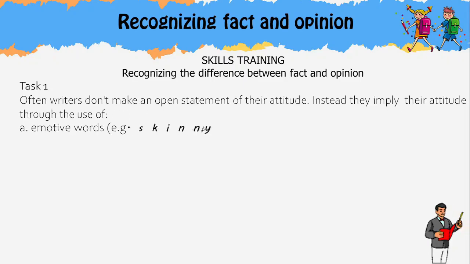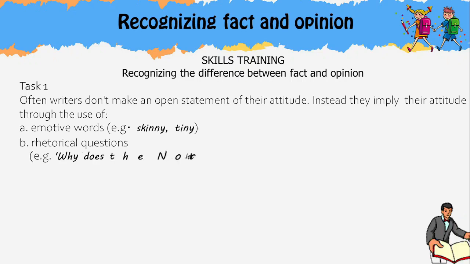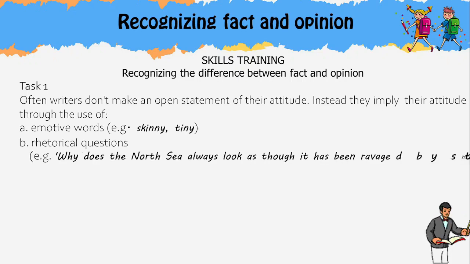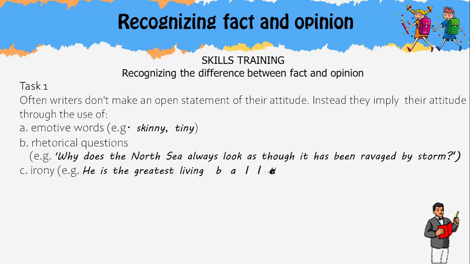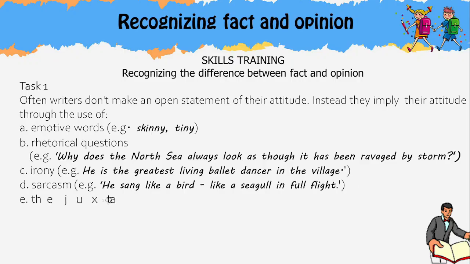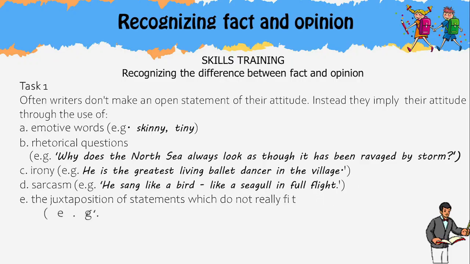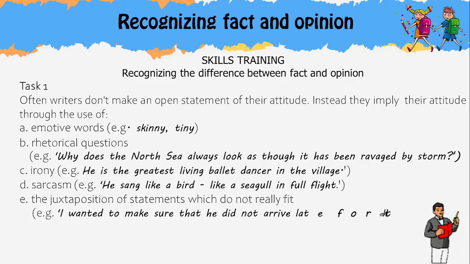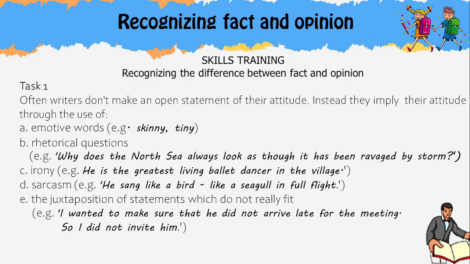If we can differentiate between them, we will know the point of the text, which one is the reality and which one is just the opinion, which one is the data and which one is the writer's thinking or argument.